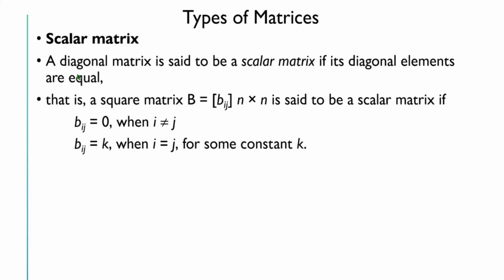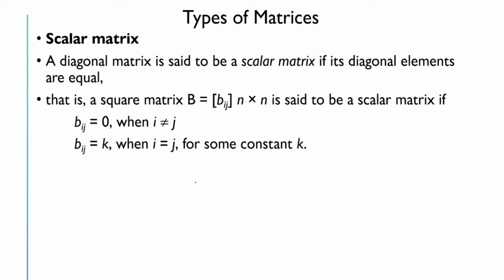Next one is scalar matrix. A diagonal matrix is said to be a scalar matrix if its diagonal elements are equal. That is, a square matrix B equal to Bij of order n is said to be a scalar matrix if Bij equal to 0 when i is not equal to j and Bij equal to k when i is equal to j, for some constant k.